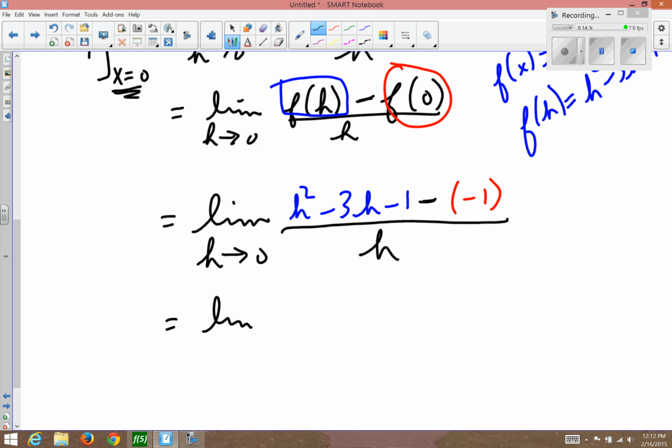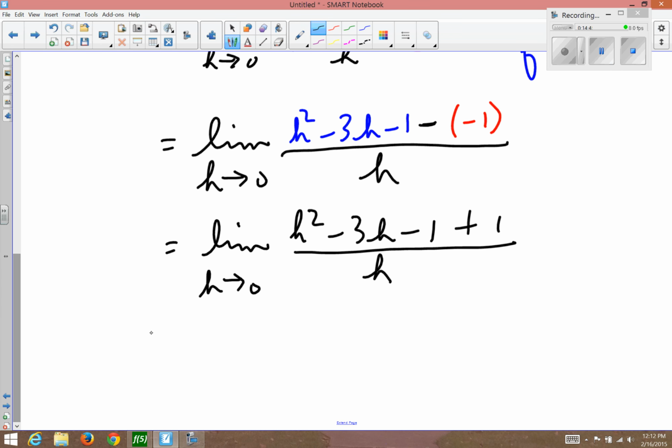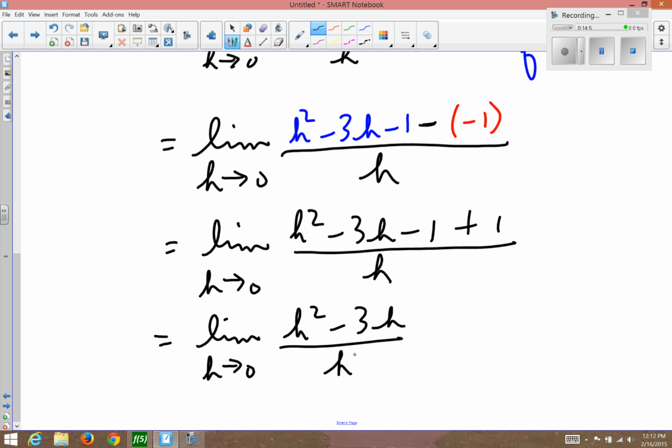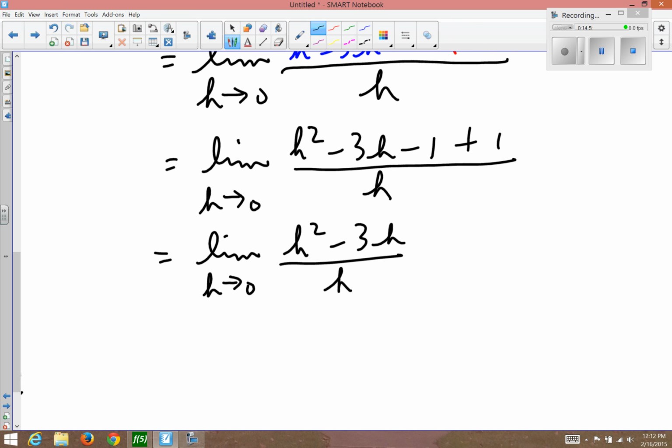This equals the limit as h approaches 0 of h squared minus 3h minus 1 plus 1. Minus at the end becomes plus 1, all over h. That equals the limit as h approaches 0 of h squared minus 3h over h, because negative 1 plus 1 is 0.